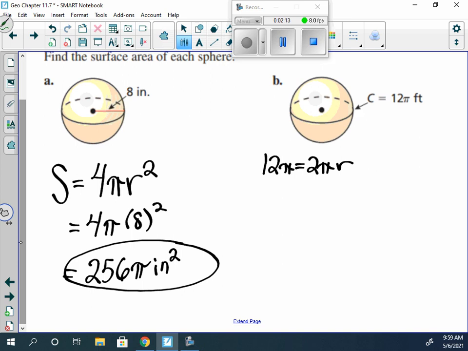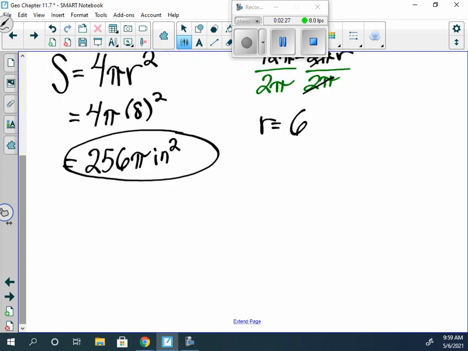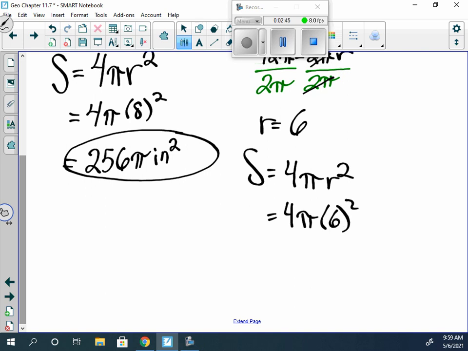Now we would divide both sides by 2 pi to get r by itself, because the 2 pi and 2 pi would simplify, leaving us with r is equal to 6. So the radius for this circle is 6. And now that we know the radius, the surface area is equal to 4 pi r squared, 4 times pi times 6 squared.